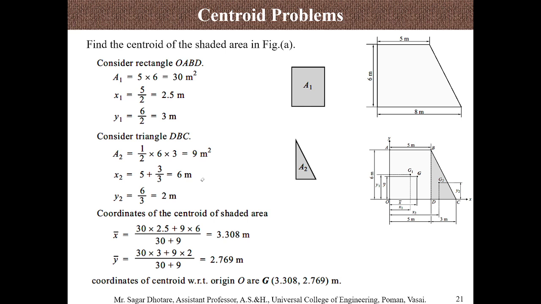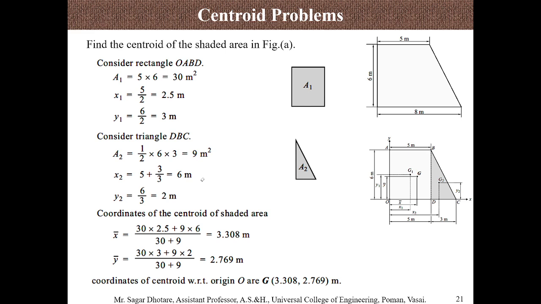So x bar is equal to a1 x1 plus a2 x2 divided by a1 plus a2, an equation we have already seen. By putting in the values we get x bar and y bar. For this given geometry, the centroid coordinates are x bar equal to 3.308 meter and y bar equal to 2.769 meter.